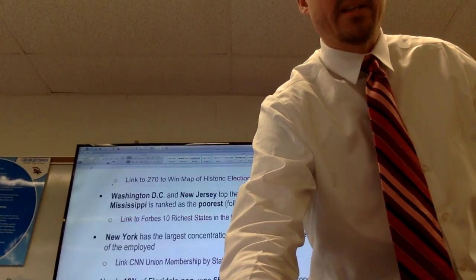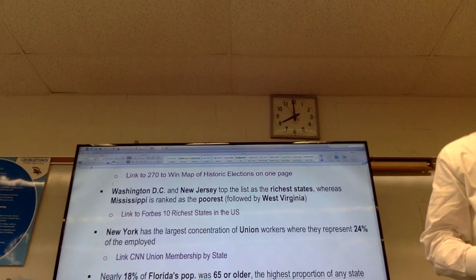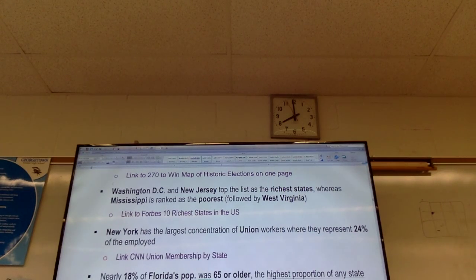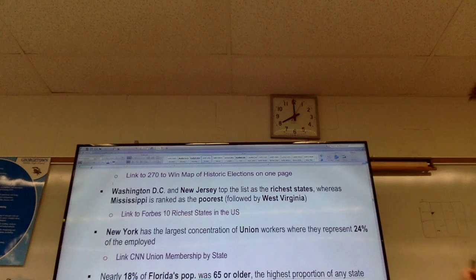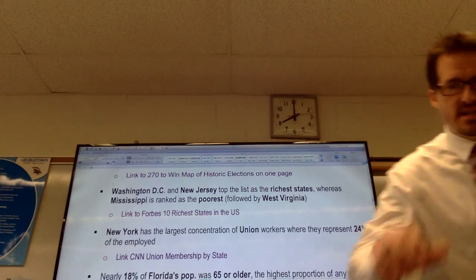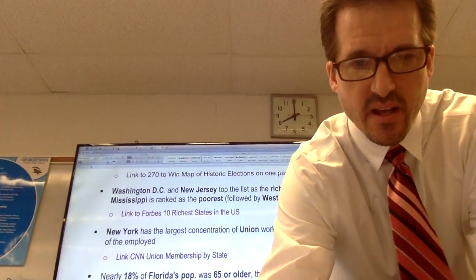Other demographic trends. I told you that income is one of the biggest determinants of how people vote, because you tend to try to vote to maintain and increase your economic security. Washington, D.C., New Jersey, those are two of the richest states. Mississippi, West Virginia, two of the poorest. And there's a whole Forbes list. I don't know if there's any value.